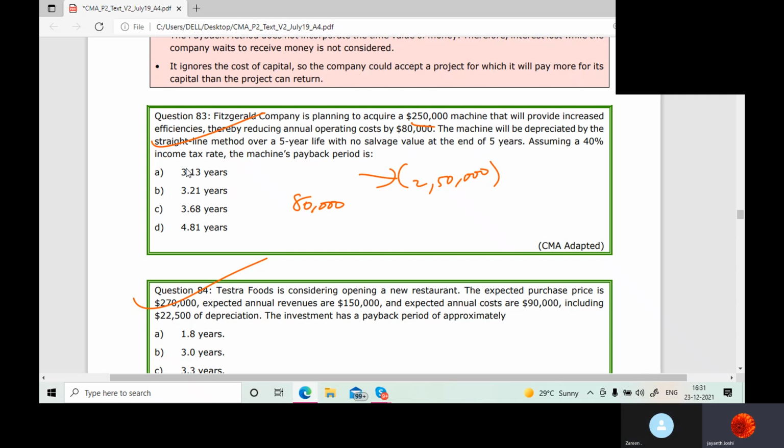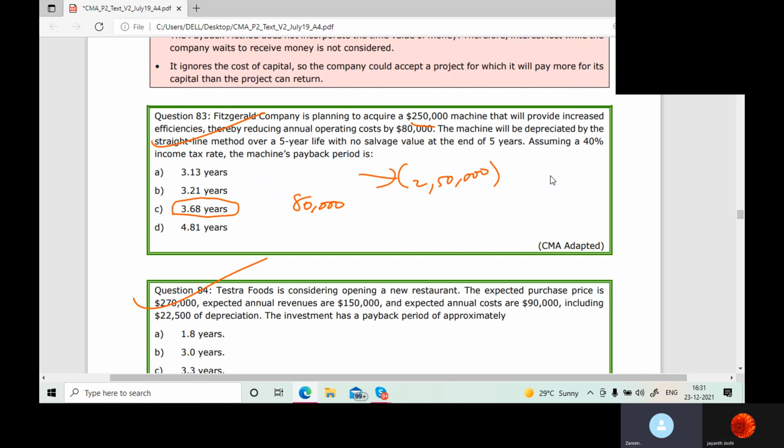So you got 3.68 years. Yes, sir. So what did you do? First, I calculated the depreciation value. They said simple, like straight line method, so it would be 50,000, right?